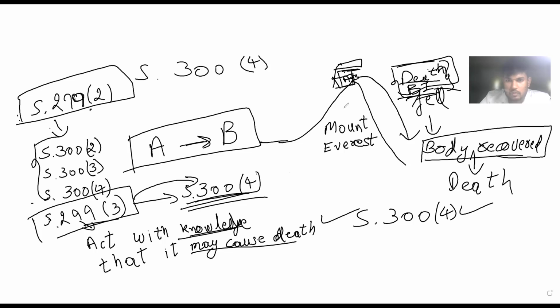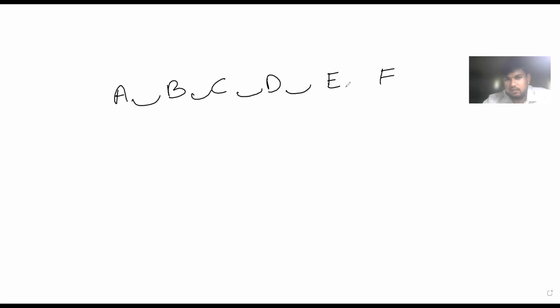Okay, I will give an example here. Suppose there is a crowd: A, B, C, D, E, maybe F also. They are standing close to each other.